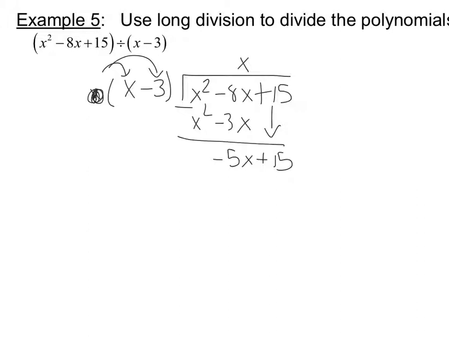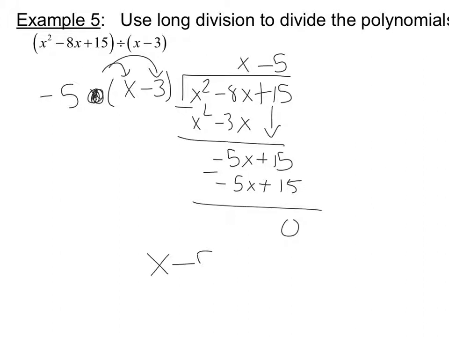And then you say, what do you have to multiply x by to have it equal negative 5x? Negative 5. Anytime you multiply by a constant, that's the last time. Everything else is the remainder. Distribute. So you get negative 5x plus 15. Subtract. You get 0. So the answer to this is x minus 5. Okay, let's take a look at some more.